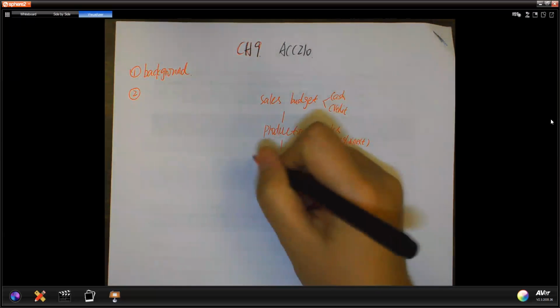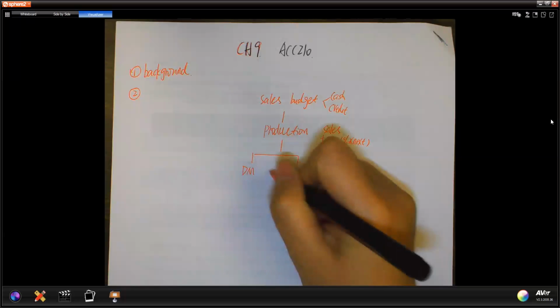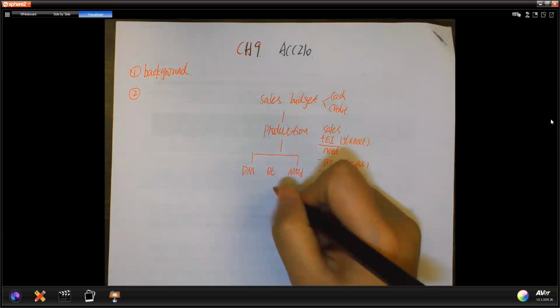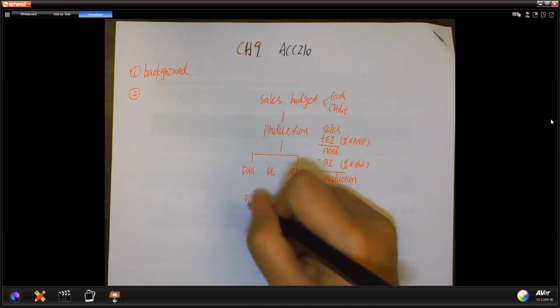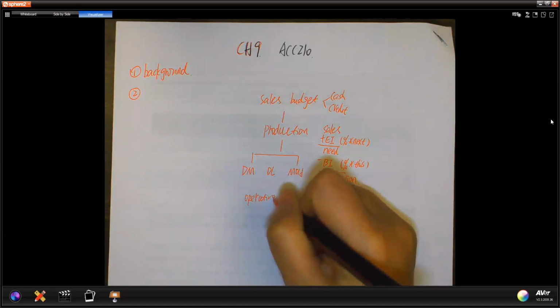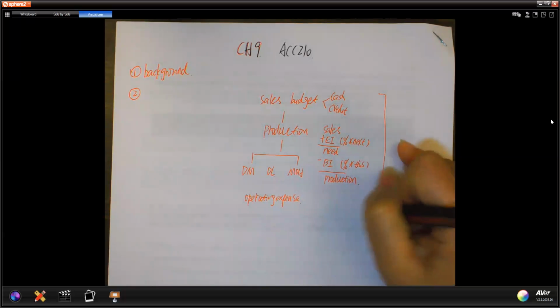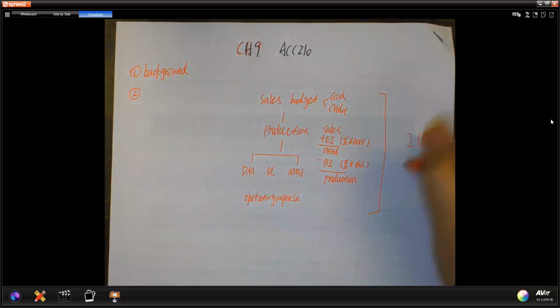From production, you get your direct material, direct labor, and manufacturing overhead, the costs. And then you also have the operating expense. Remember operating expense. All of this will give you the budgeted income statement, which is your revenue minus cost of goods sold, gives you gross margin, minus your period cost, and then we get our operating income.